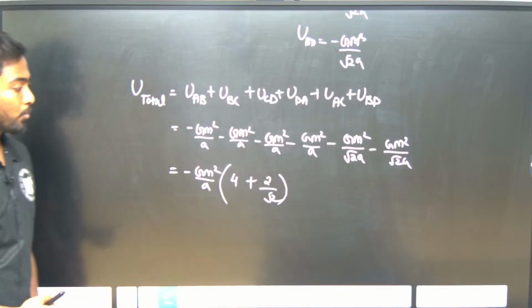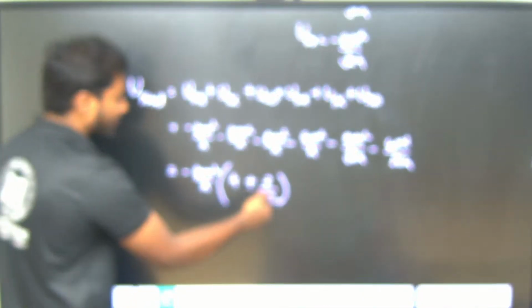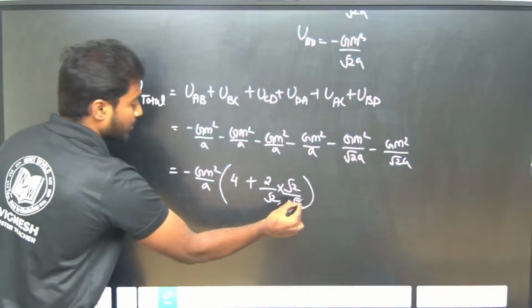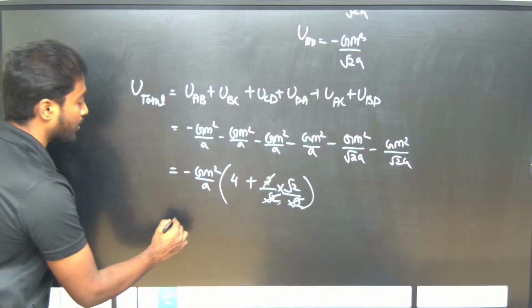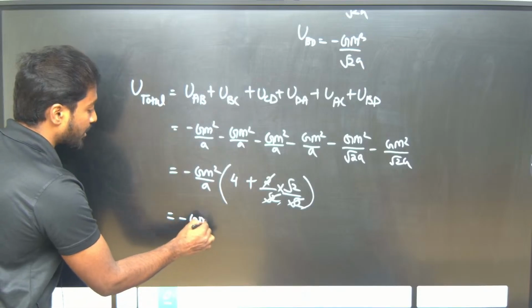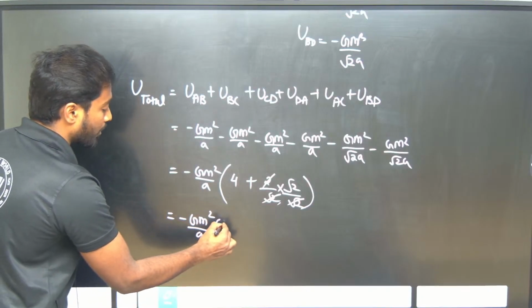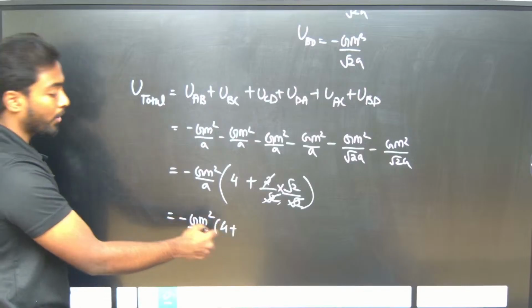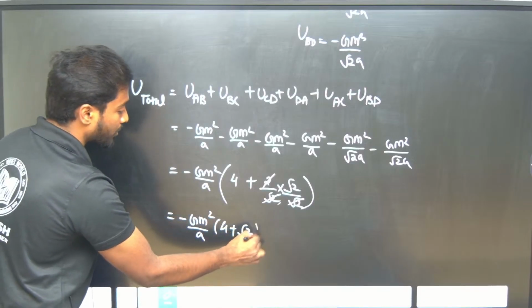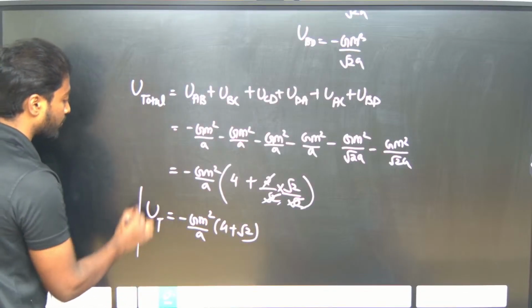I can rewrite this as root 2 by root 2, so the root 2 and the 2 cancel. So U total is minus Gm square by a into (4 plus root 2).